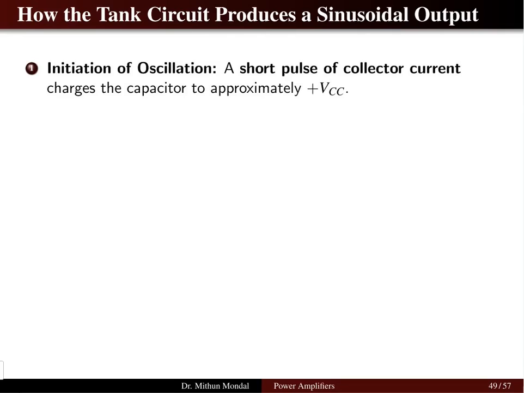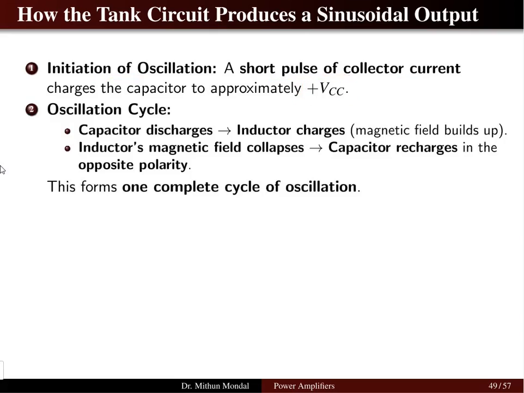Step by step we try to understand this. First we need to initiate the oscillation. A short pulse of collector current will charge the capacitor to approximately the supply voltage, which is plus VCC. Now the oscillation will start because the capacitor will discharge and the inductor will charge. Hence the magnetic field will build up.